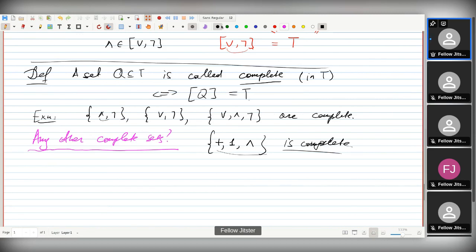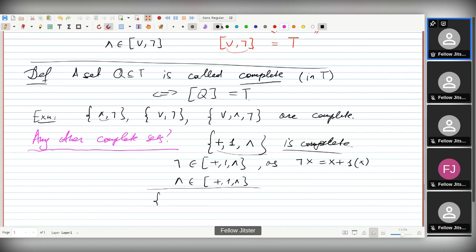It is very easy now. Say negation belongs to the closure of this set. Why is it so? Because not x is just x plus 1, but it doesn't matter. And of course, conjunction also belongs to this set.